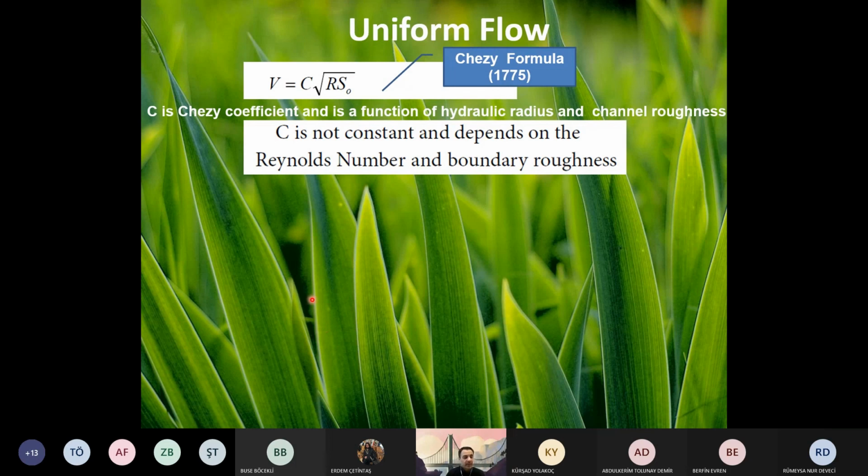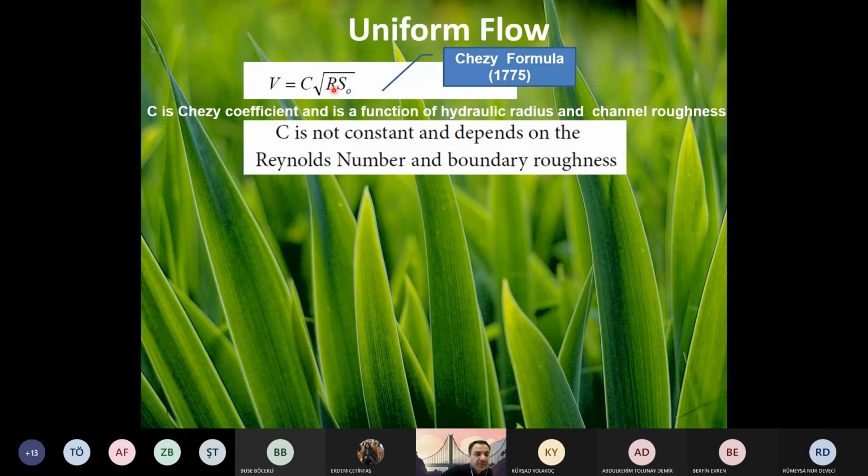Therefore, we know that C is a function of lambda or of roughness. Velocity based on the Chezy formula is not only a function of slope; physically it gives a sense that velocity is a function of slope, of hydraulic radius, meaning something like depth of flow, and of roughness.